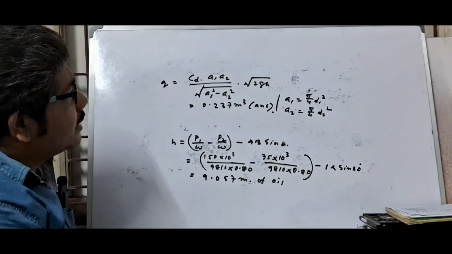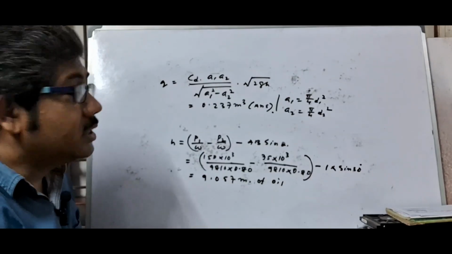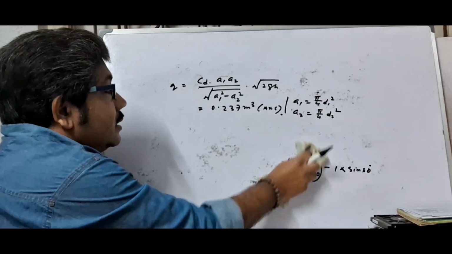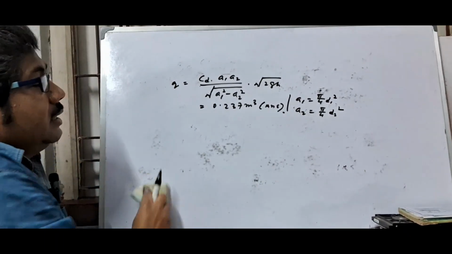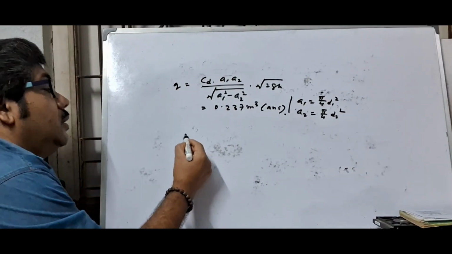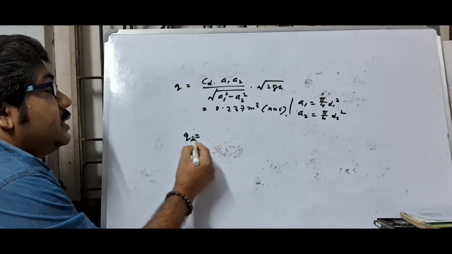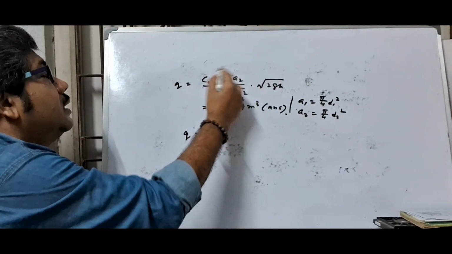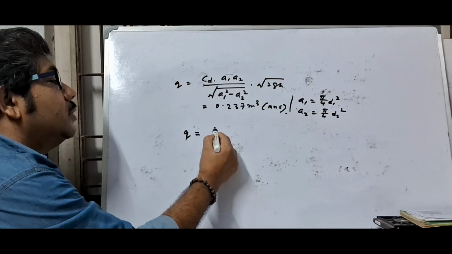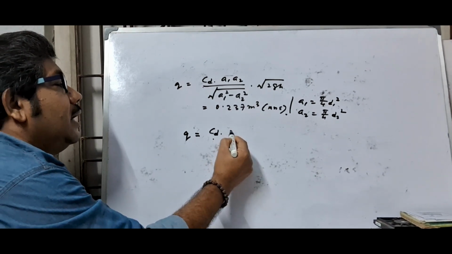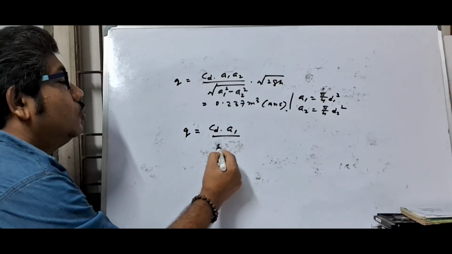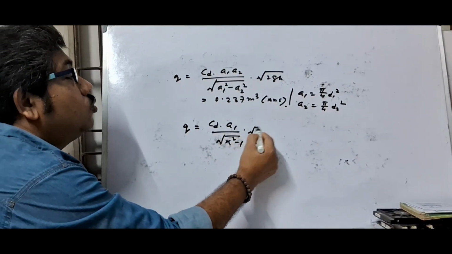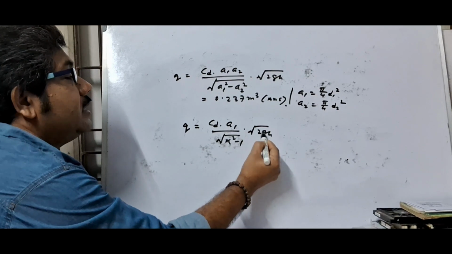And for simplification of calculation, you can write the actual discharge in this form. Look at the board. Concentrate. Q equal to CD into A1 A2 by root A1 square minus A2 square will be converted in this form: CD A1 by root K square minus 1 into root 2GH.